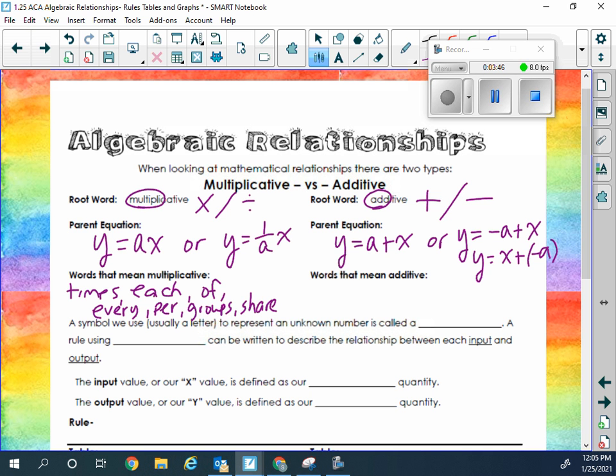Okay, how about words that might mean additive? You might hear the word plus. What else? Together. Come on, somebody else, guys. More than. They might say less than. If they said less than, then that would tell you what? It would be subtraction, or the opposite.